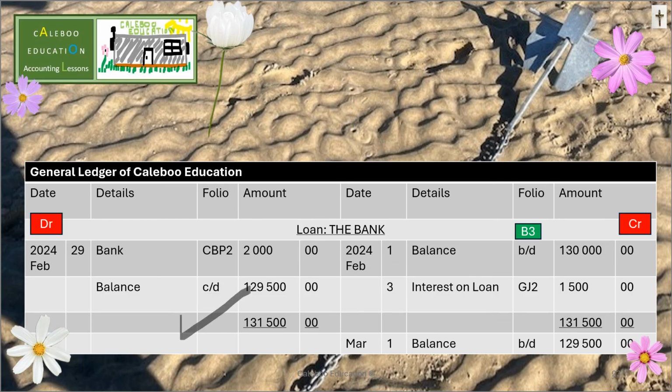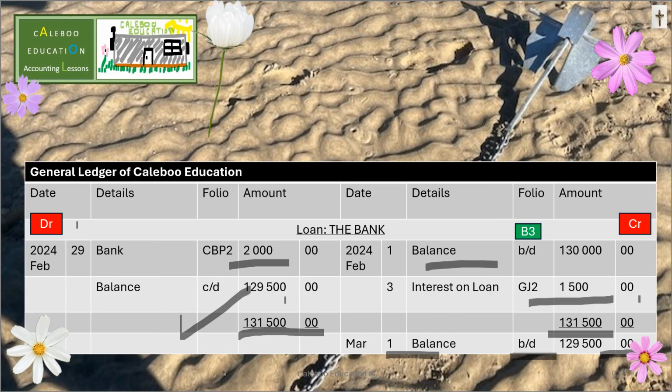And that there is a neat loan account that has been balanced with the opening balance, the two transactions for the month, one on the debit side, one on the credit side, the balance carried down number and the totals, and on March the 1st the balance brought down is 129,500.